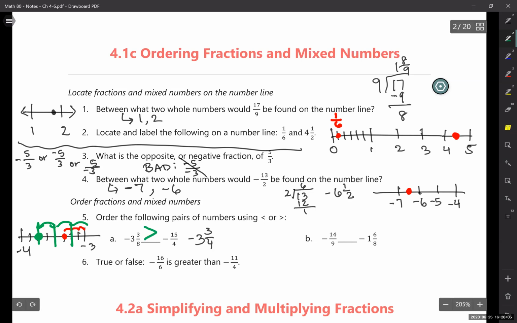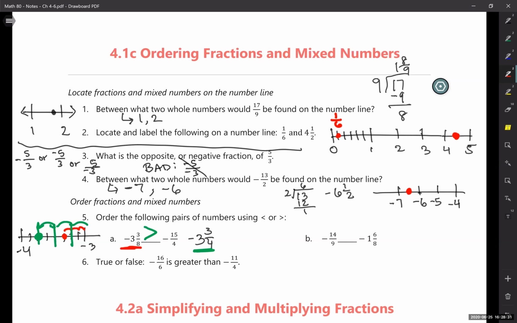So this is a greater than problem. I'll color code it. The green number was farther to the left and the red number was on the right, so the red number is bigger. It definitely gets tricky when you have negatives and fractions, but you can just go ahead and write out the number line and see what's going on.